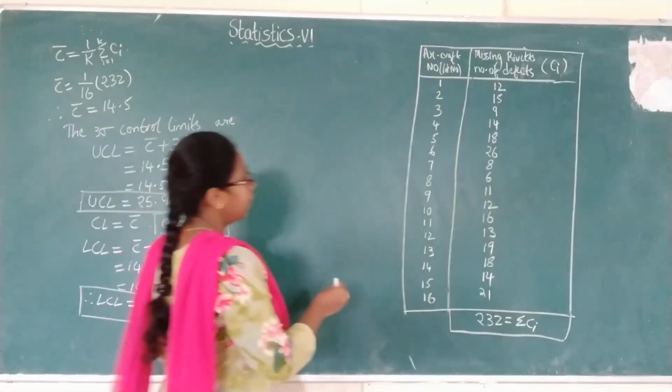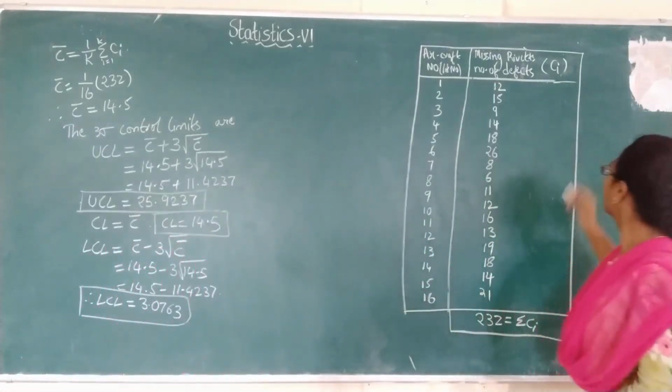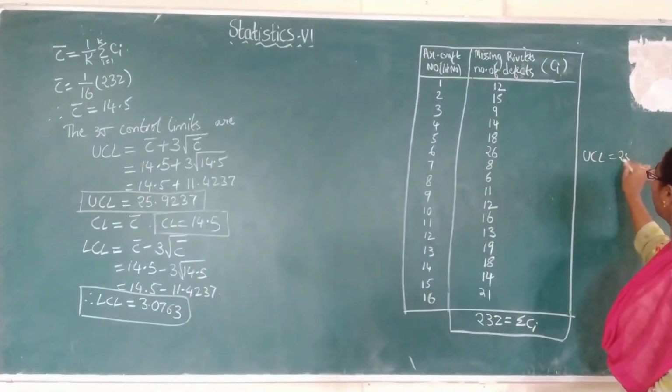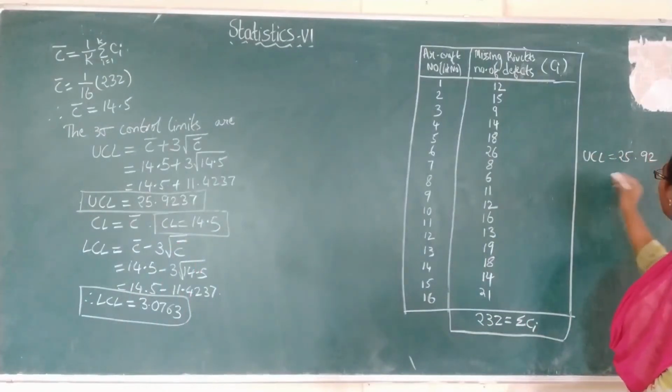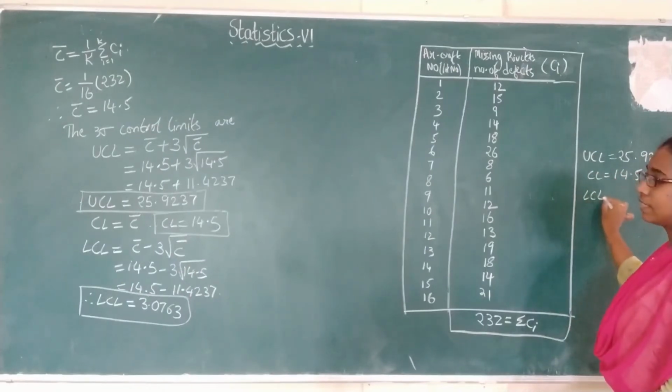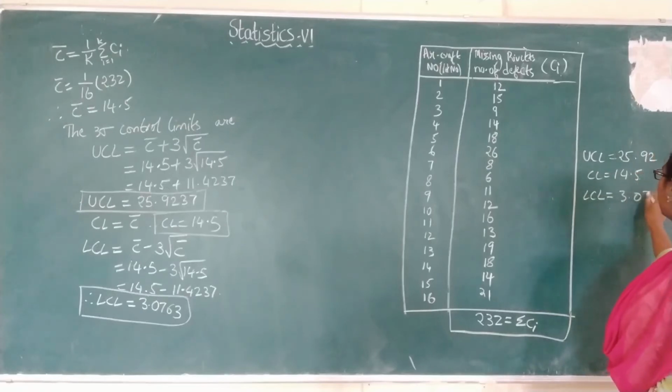So write down the UCL values. I am writing the values: UCL is 25.92, CL is 14.5, LCL is 3.07.